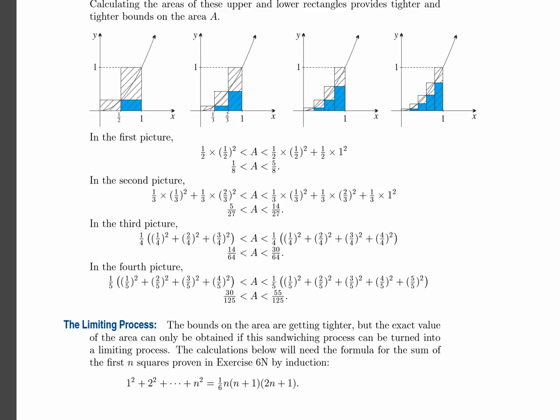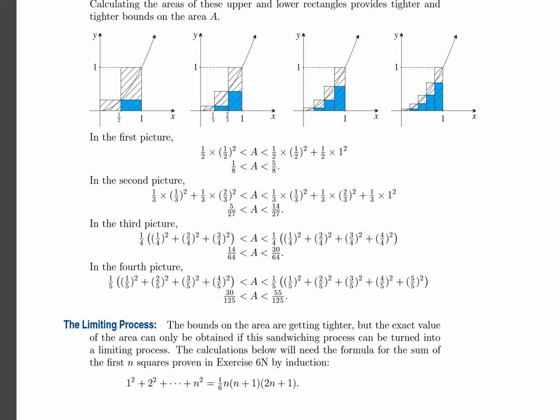So jumping back to the textbook, the first picture shows thinking about the area under the curve between 0 and 1 as two rectangles. So they've nicely cut it in half, and you can see slightly better that they could work out the area of this first rectangle, a half times whatever a half squared is for height, length times its height, and a half times 1.